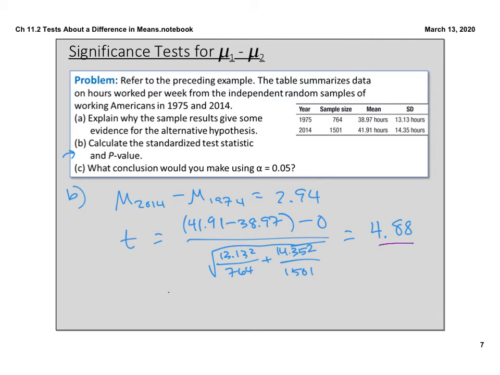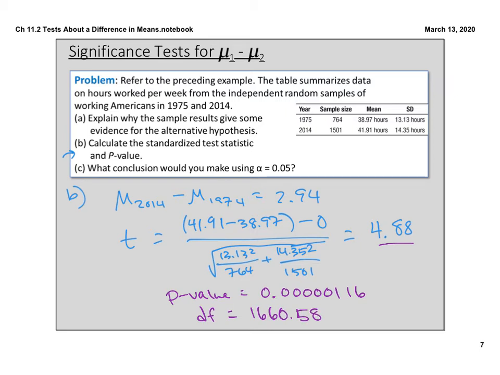So here's what happens. You get a p-value here of 0.0000116 when you do that out. The degrees of freedom that I got is 1,660.58.